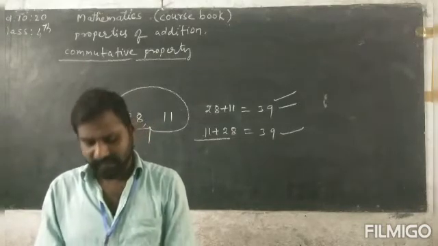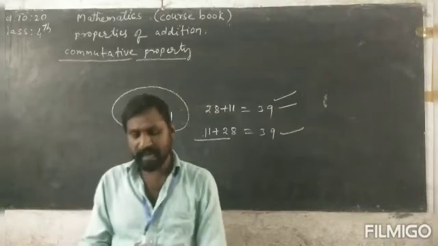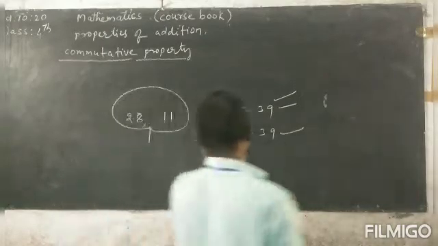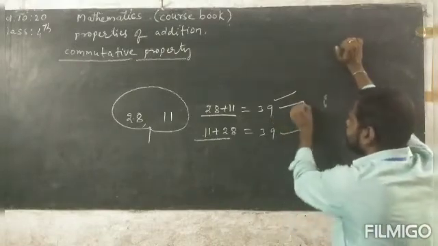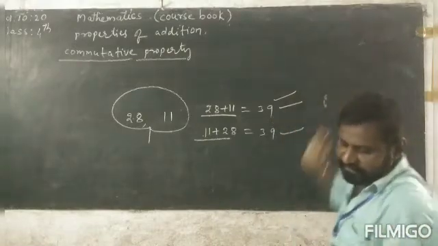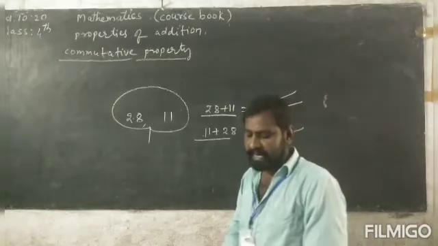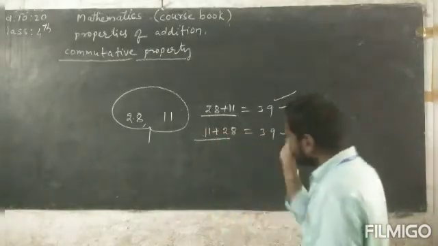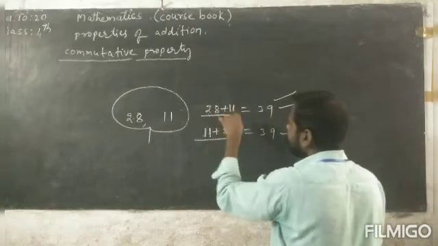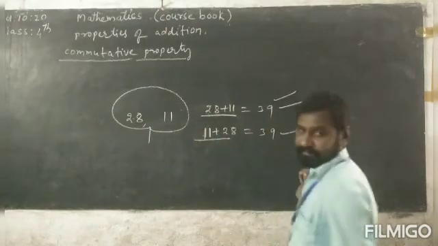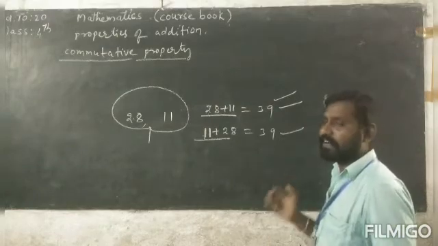Did you understand? See here, when 2 numbers are added, for example 28 plus 11, what we get? 39. Even if they are interchanged, means the sequence is changed, 28 plus 11 can be changed to 11 plus 28. So what we get?